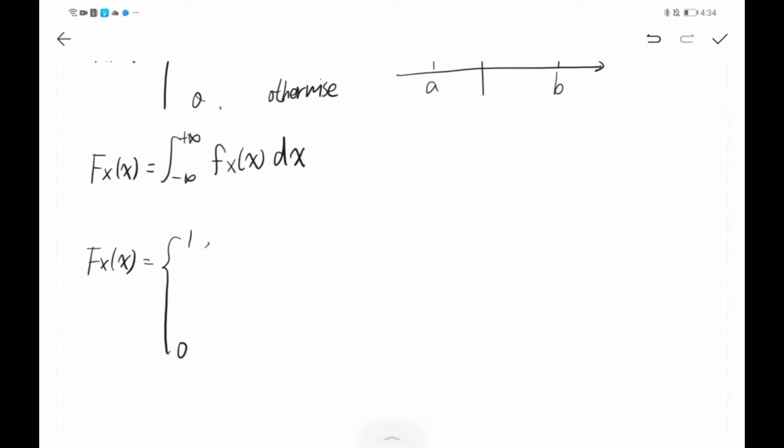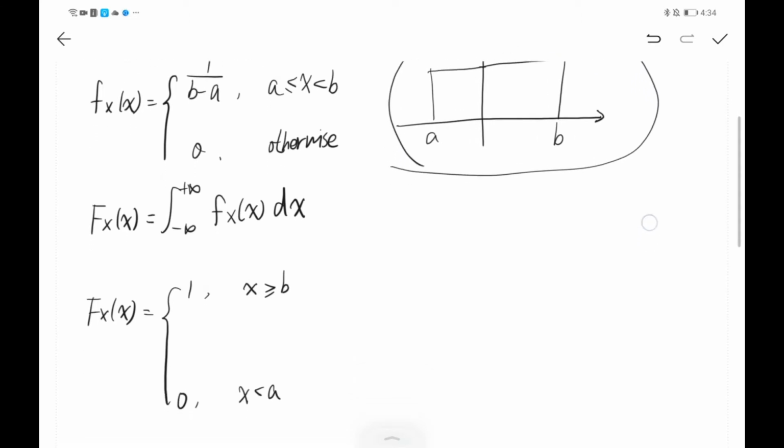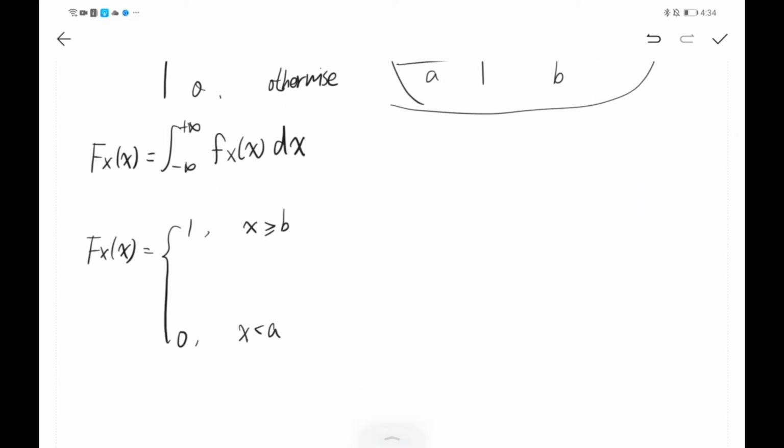It equals 1 when x is more than b, and it equals 0 when x is less than a. We can know that from the plot of the density function.